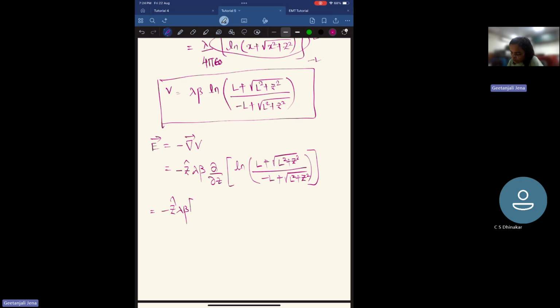Ln x will give 1 by x. So let us solve it first. So ln a by b, you can recall, is ln a minus ln b. So I am taking the derivative of the first part.